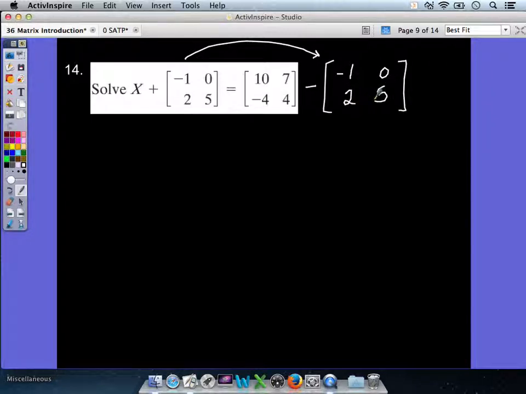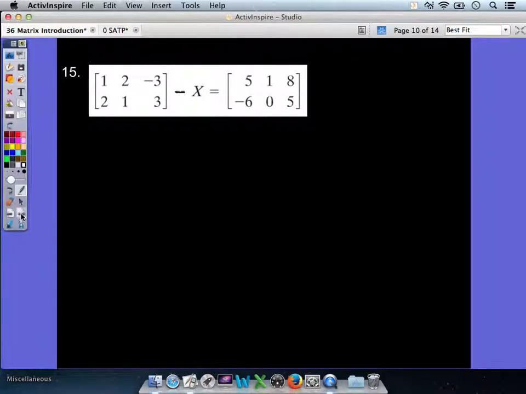I have 10 minus a negative 1, that minus a negative becomes a plus a positive, and that is 11. 7 minus 0 is 7. Negative 4 minus 2 is negative 6. And 4 minus 5 is negative 1. So the answer is a 2 by 2 square matrix: 11, 7, negative 6, negative 1. A little bit simple there, but we're just moving that matrix to the other side, or subtracting it from both sides.